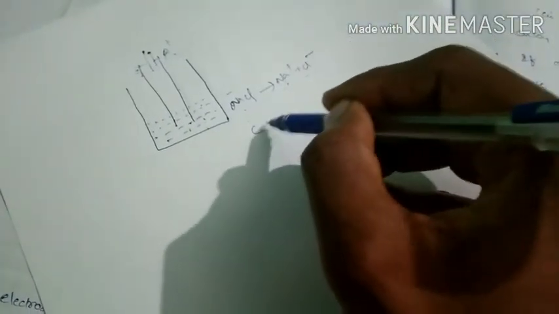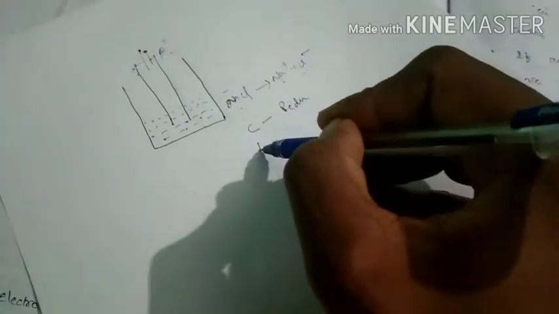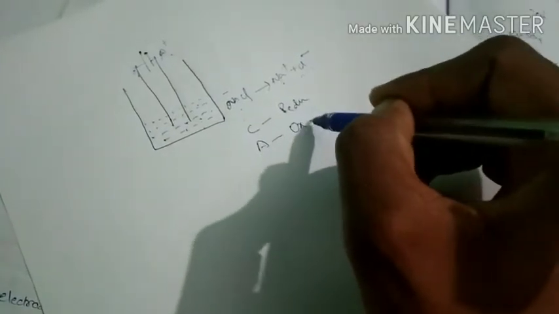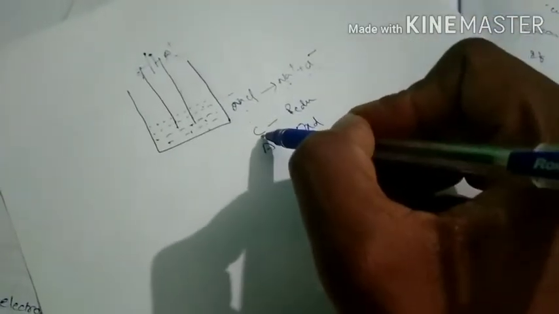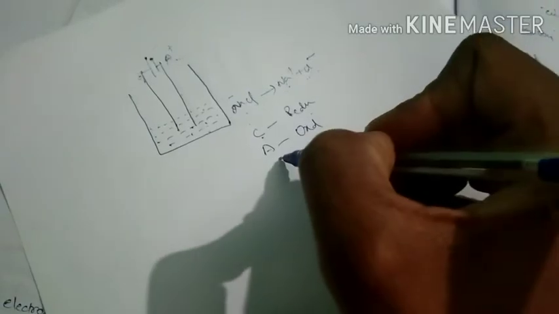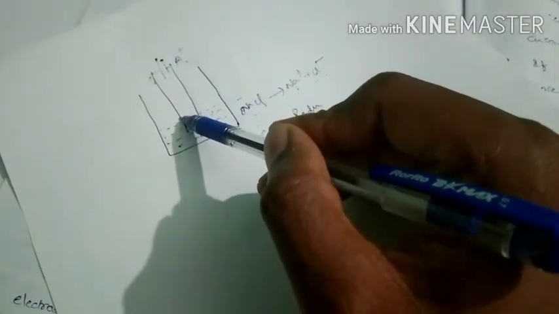Next, one more point is there. At cathode, every time reduction takes place. At anode, every time oxidation takes place. These are important points. Next, one more point. When anions move towards the anode, then they lose electrons.